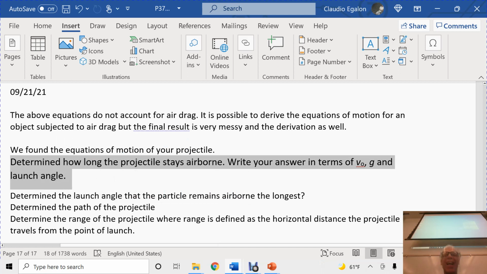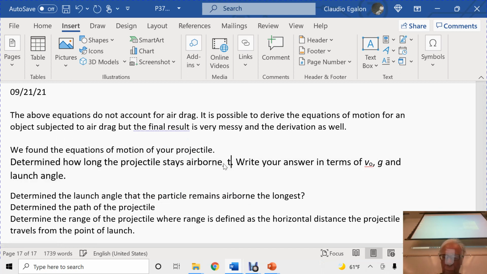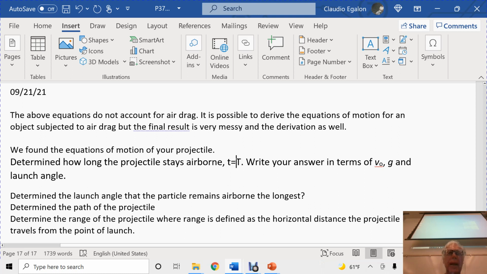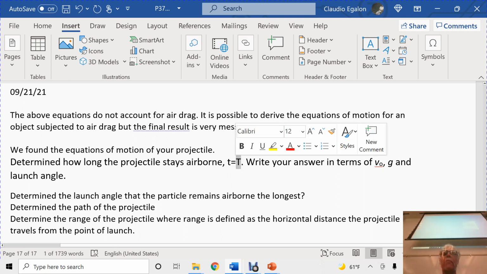I'm going to put that time t equal to capital T. So if I substitute this capital T, which we already calculated in the previous problem, into the equation for x, we are going to find the range. Make sense?